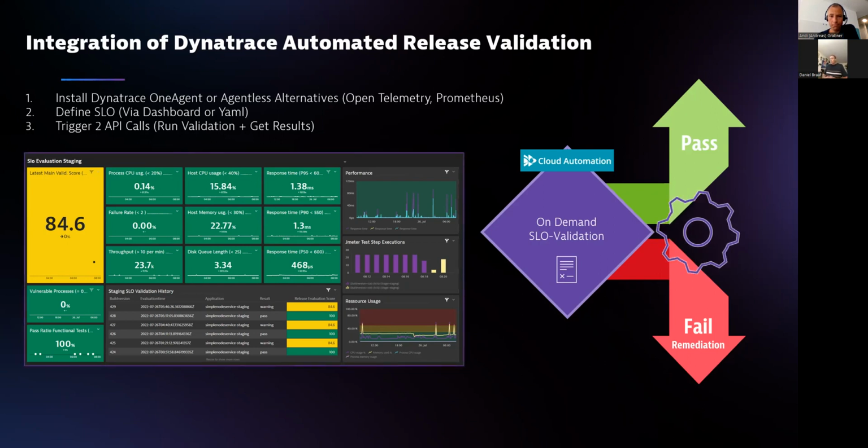After the results, we can make an automated decision, right? If everything is all right, then there's nothing to do. We can just move further in the pipeline. But if the SLO validation fails, that's where we can react. That's where we can put in some remediation steps, such as maybe a rollback, or even, very important, to provide a feedback loop back to development and to operations, anyone involved in the team, that something has gone wrong.